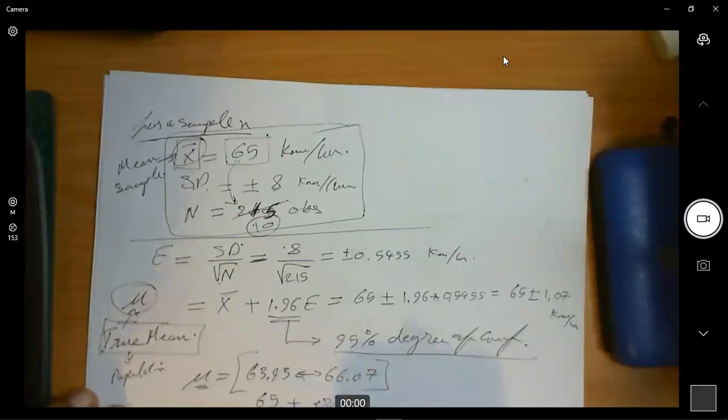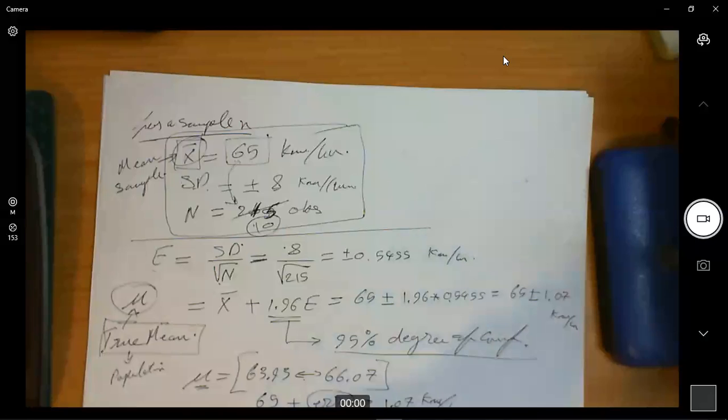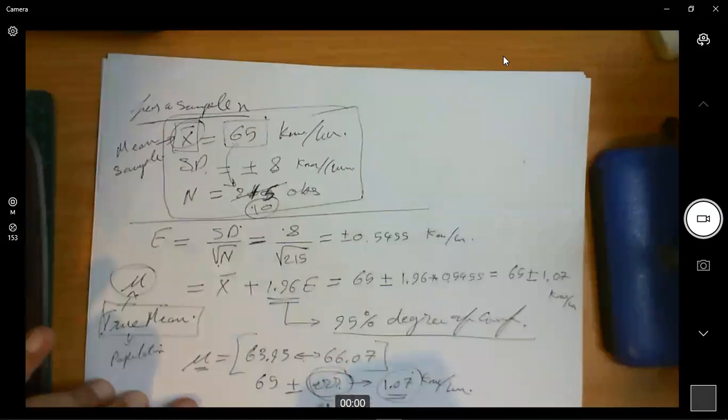And the error in this case is 1.07 kilometers per hour, which is actually a very good value, because most of the tools that we use for measuring speed are within that range. When the error is not acceptable, if this error becomes plus or minus 5, for example, this is not acceptable.